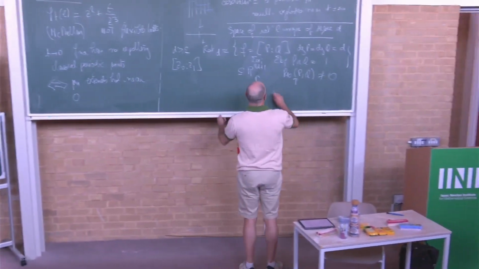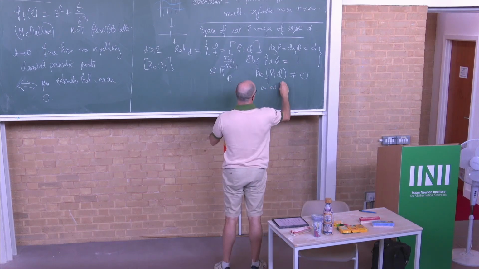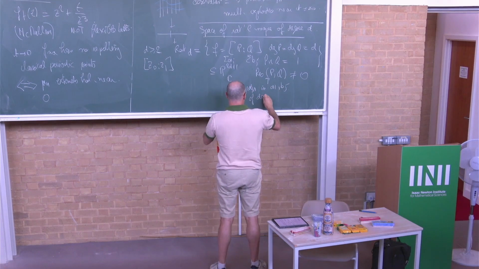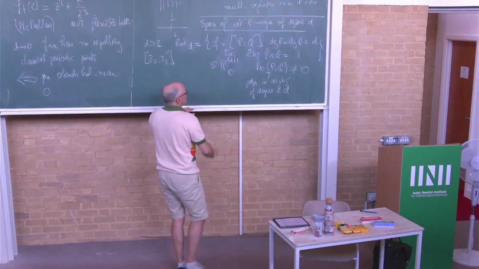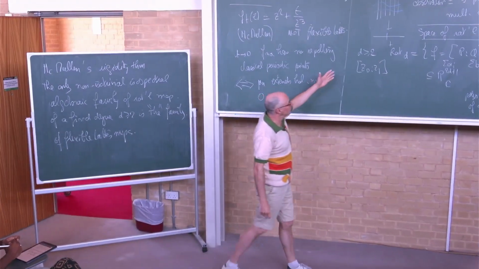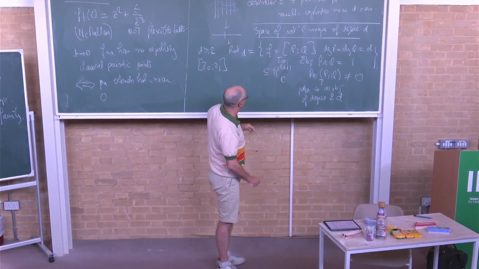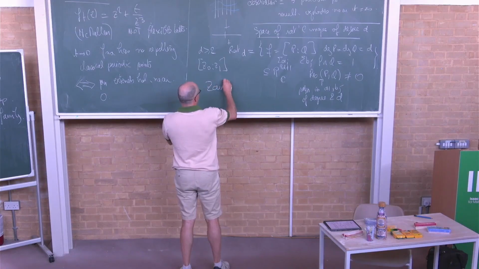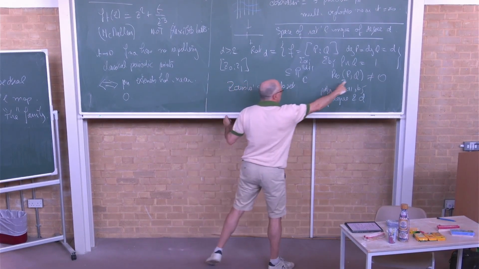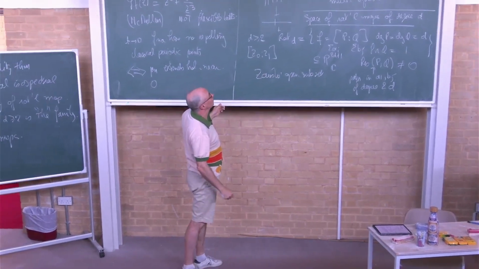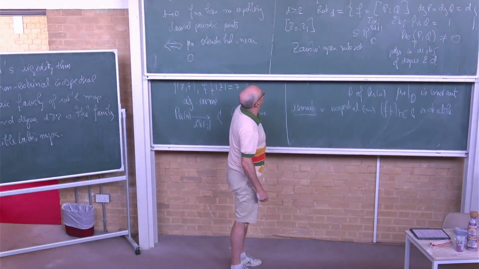This is a polynomial, homogeneous in the a_i and b_j of degree 2D. And so if you want, Rat_D can be identified with a Zariski open set in this projective space, and its boundary is exactly the locus where this degree 2D function is vanishing. Okay.